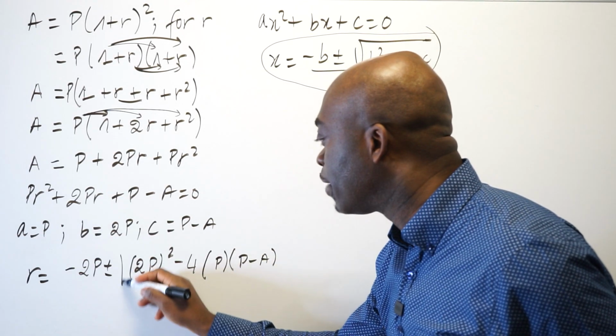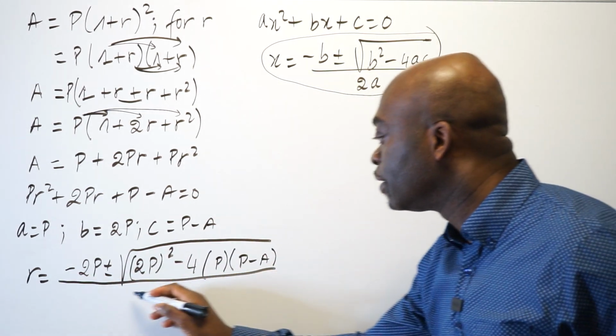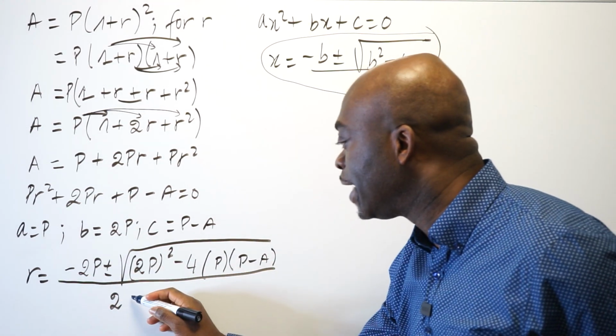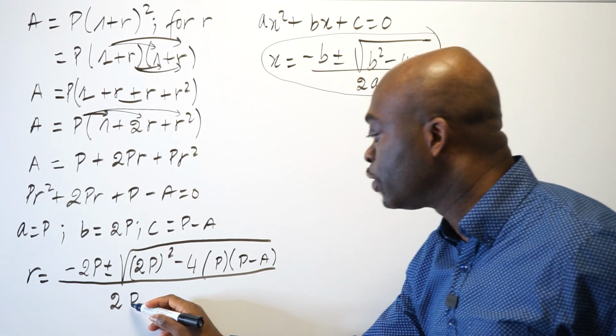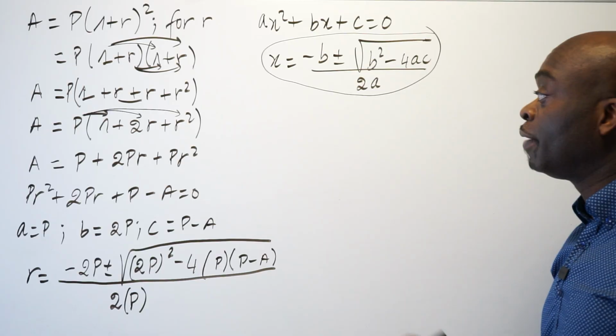And don't forget your square root symbol, and the whole thing divided by 2 times a, and a is p, so that gives you 2p. Are we good so far?